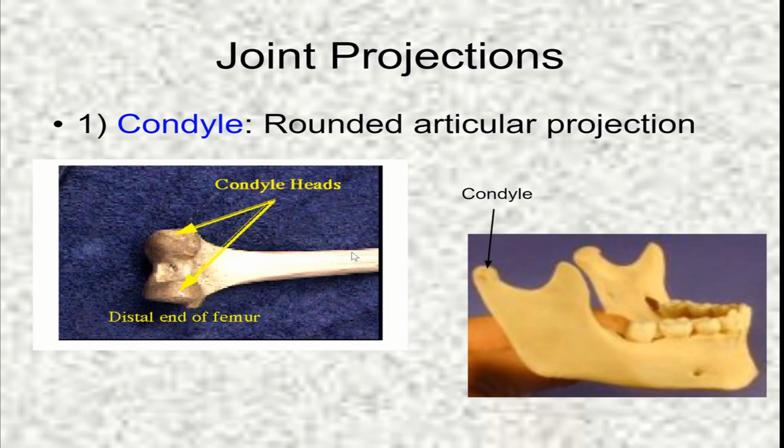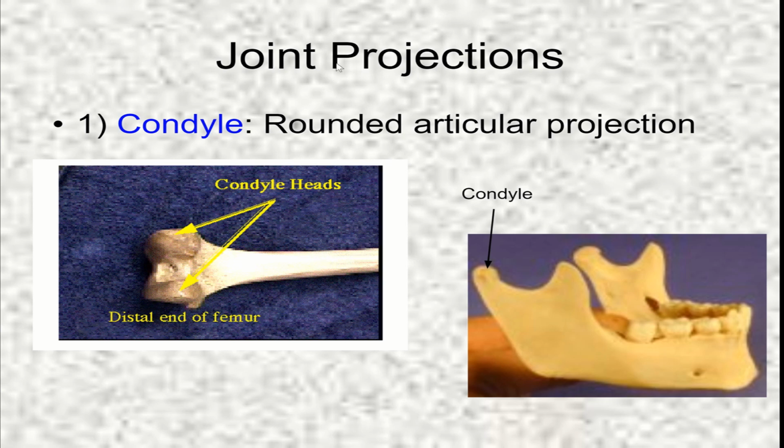So first, joint projections. These are usually found at the epiphysis, and these are going to be where joints occur. So these are going to be where an actual joint surface is going to move against each other on the bones.